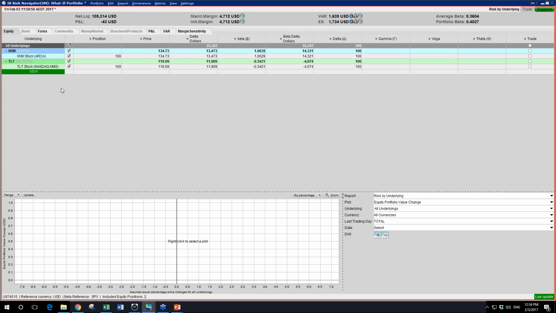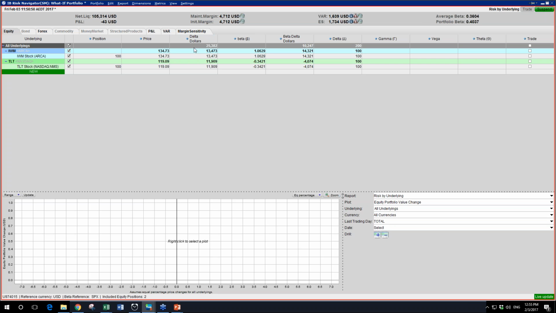Okay, so I think this is what you're asking, but let's assume we've just got a really basic portfolio. We've got 100 shares of IWM, we've got 100 shares of TLT, so we're not even trading options. Our delta dollar exposure is positive, but if we look at beta, TLT's got negative beta, so it moves opposite to how the general stock market will.